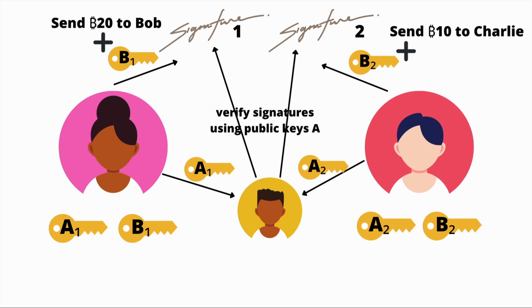For Bitcoin, this would be signing data that says, for example, send 20 Bitcoins to Bob. This, together with the private key, creates the transaction signature. Now, anyone can verify that the data "send 20 Bitcoins to Bob" was indeed what Alice signed.